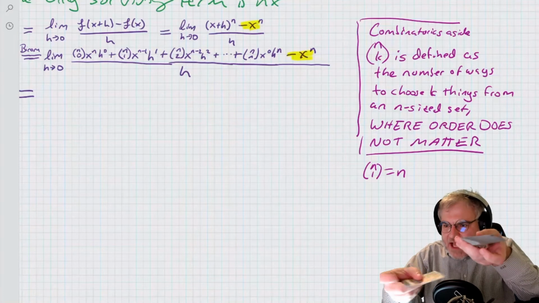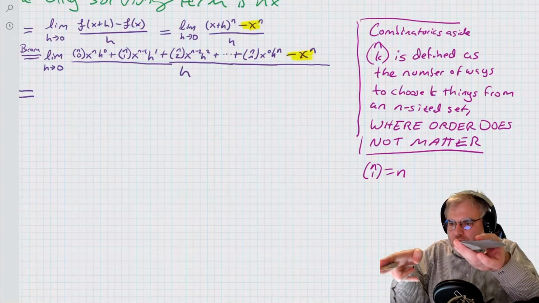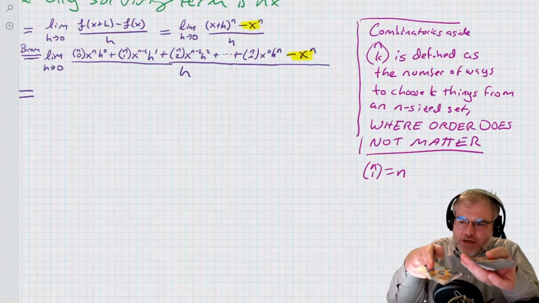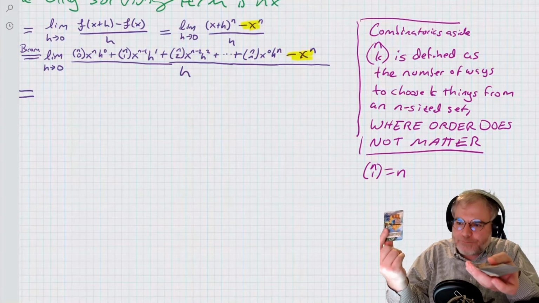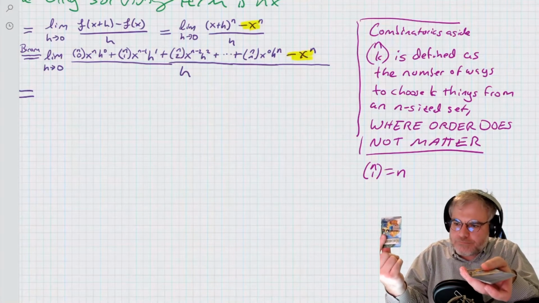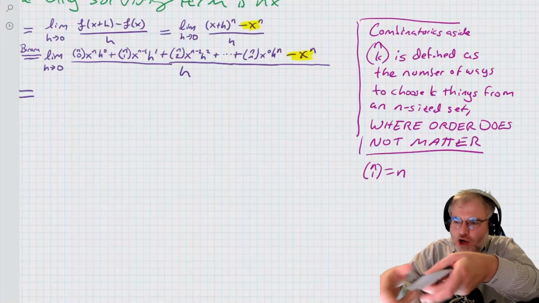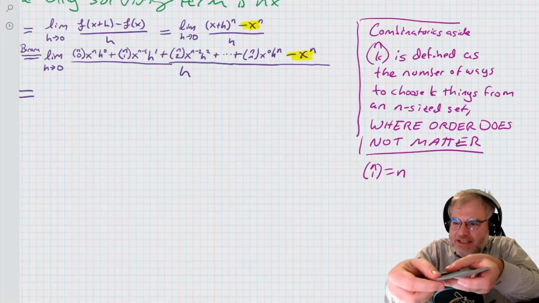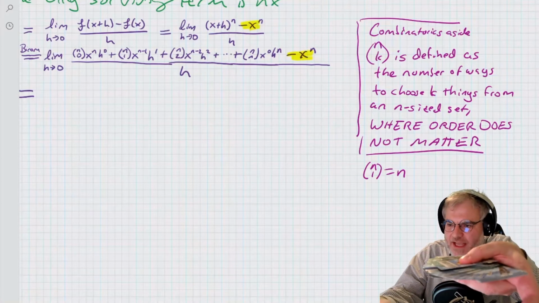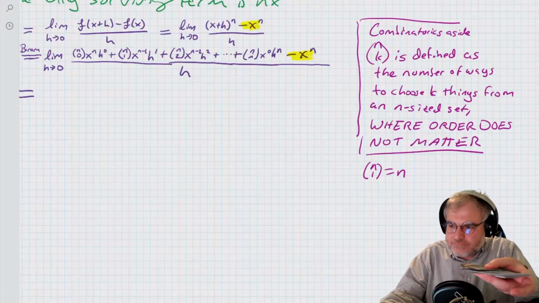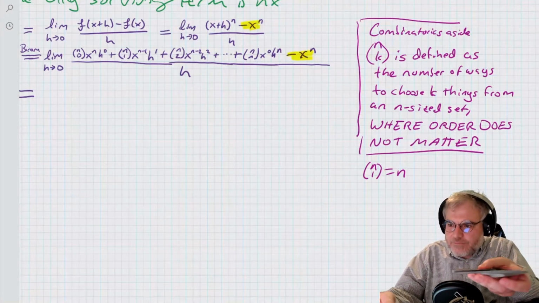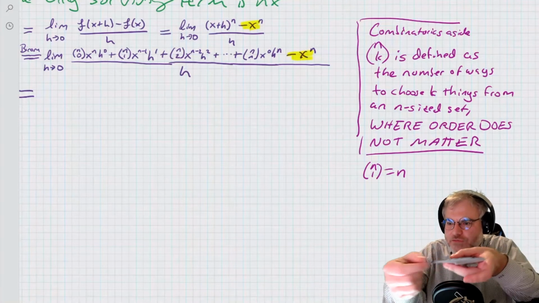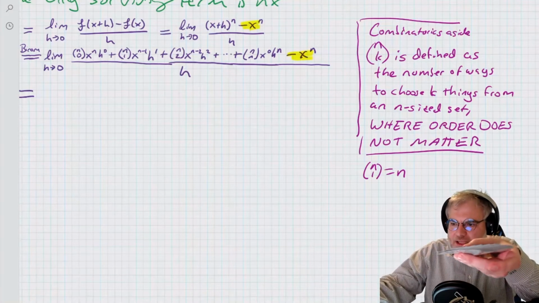Every time I do that, I leave one card. So how many ways can I leave one card behind when I deal the 51 cards from the deck? There's 52 options for the one card I leave behind.